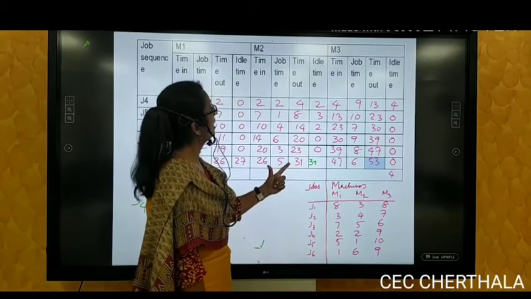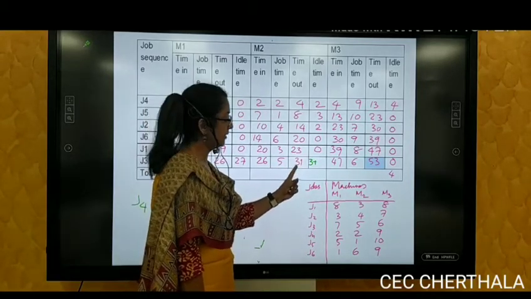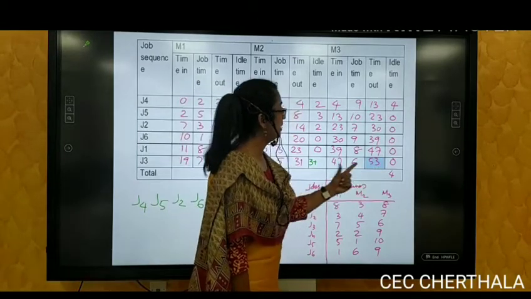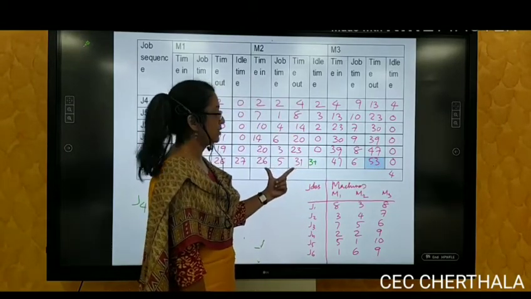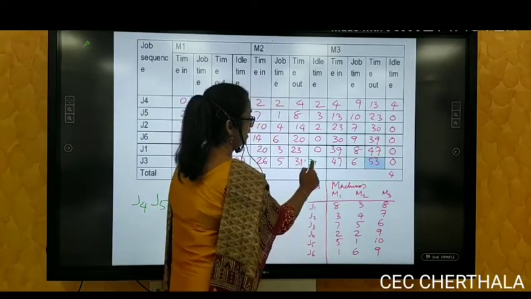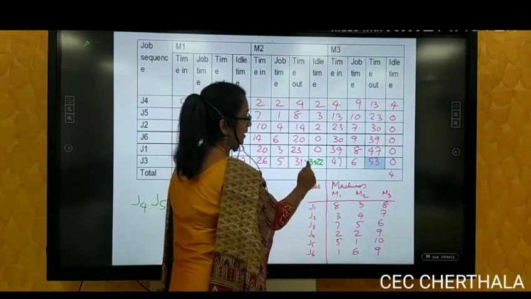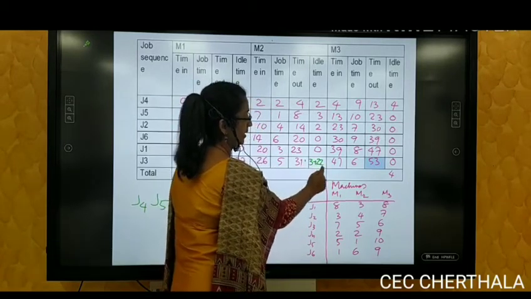But in machine M2, all the jobs are completed on the 31st day. So from 31st day to 53rd day, machine M2 is free. So we should add that many days here. So 53 minus 31, that is 22. So totally here it is 25 days.